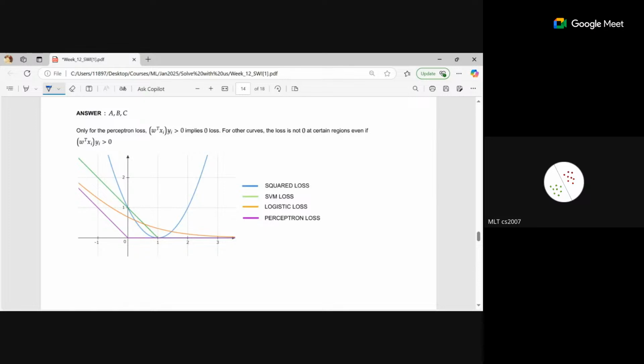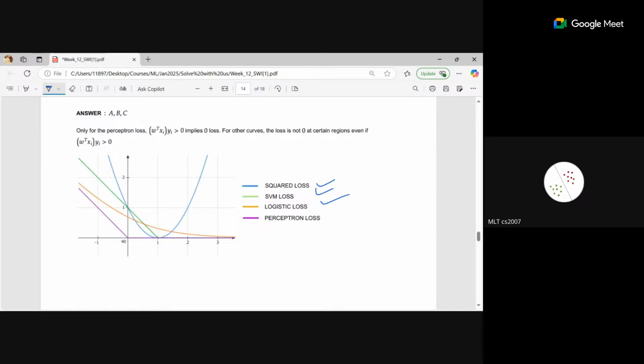So we can see that even whenever my W transpose x_i y_i was greater than zero, still for some of these, for squared loss, SVM, and logistic, we can see the loss to be positive for some areas, even if it is correctly classified.